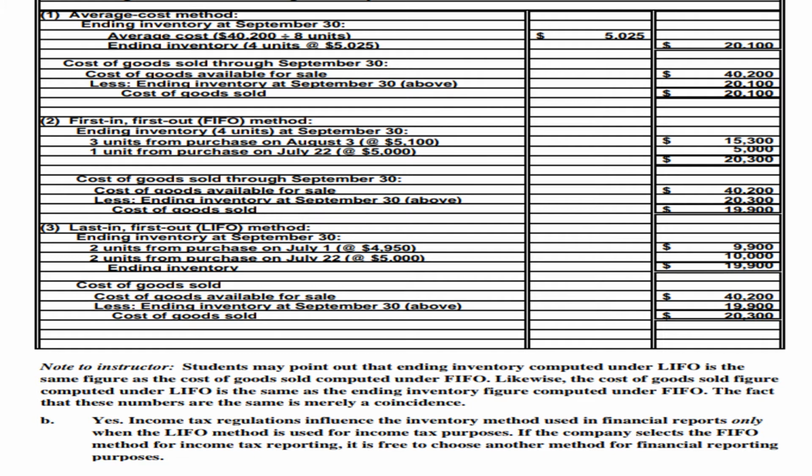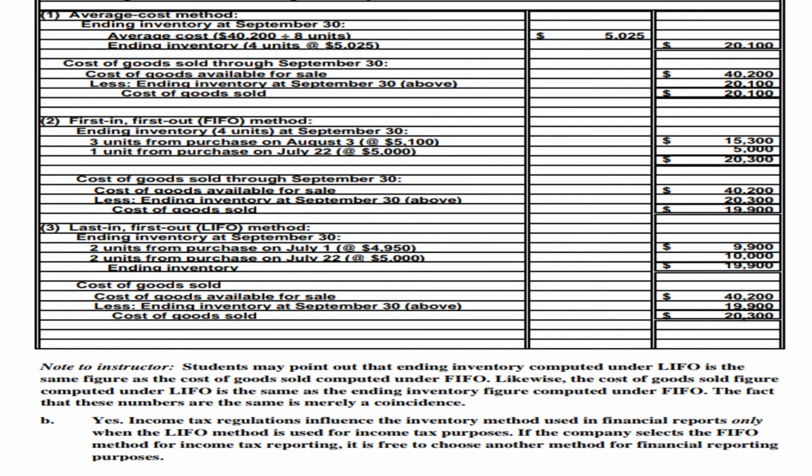Therefore we have taken 3 units from the August 3rd purchase and 1 unit from the July 22nd purchase. For the first we have 15,300, and for the second, 1 unit from the purchase on July 22nd, we have 5,000. The total value of ending inventory is 20,300.